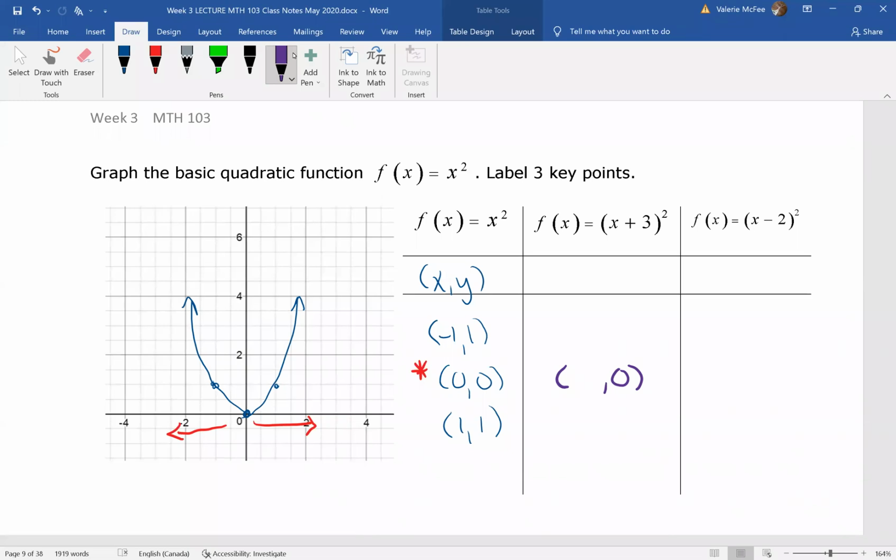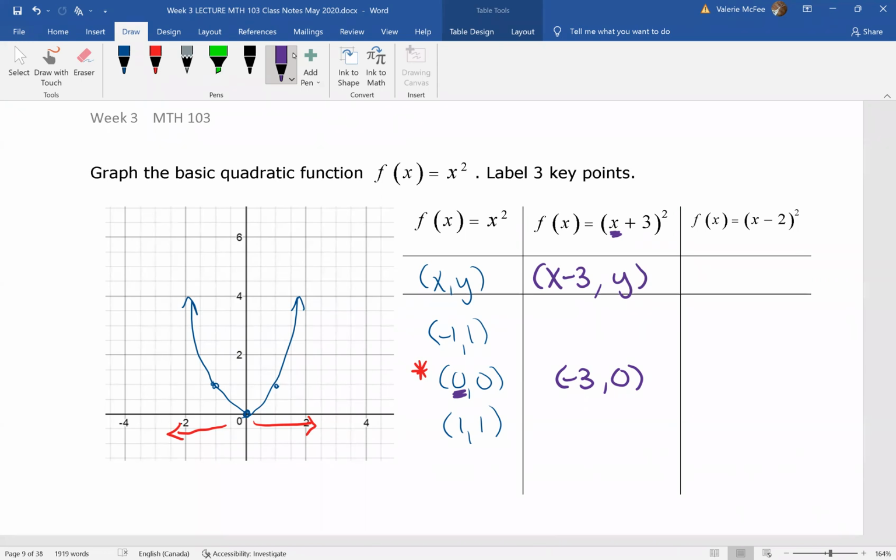Well, if I look at x, I see that when x is -3, y is equal to 0. How did we change x? We subtracted 3. So when we have a +3 inside the function with x, we need to do the opposite of the sign. Y is going to stay the same.